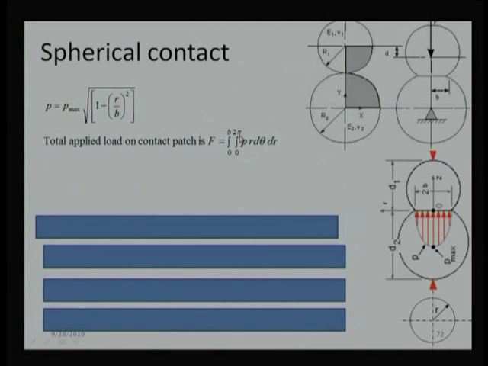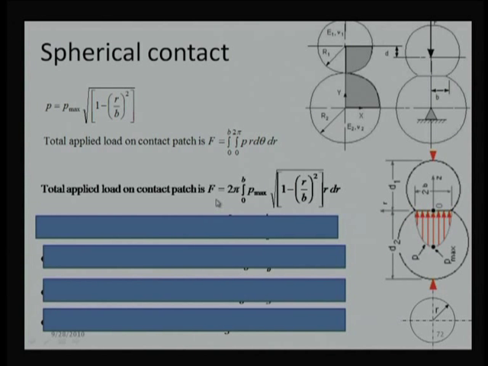Substituting the values, 2 pi minus 0, it will turn out to be 2 pi, and that is shown over here. The force F is equal to 2 pi, because we have already integrated over theta and substituted the boundary values 0 and 2 pi, that means 2 pi minus 0 equal to 2 pi, that is the 2 pi over here, P max.